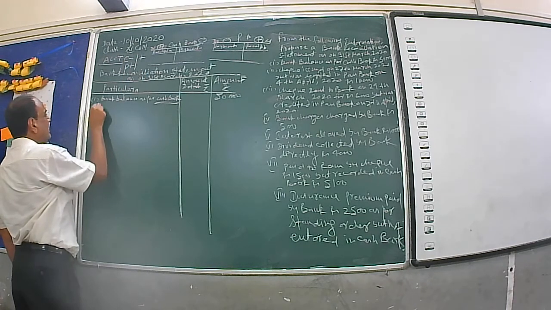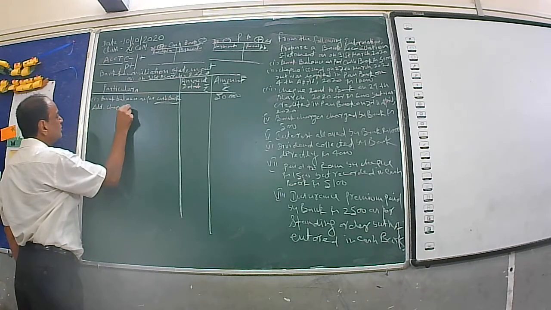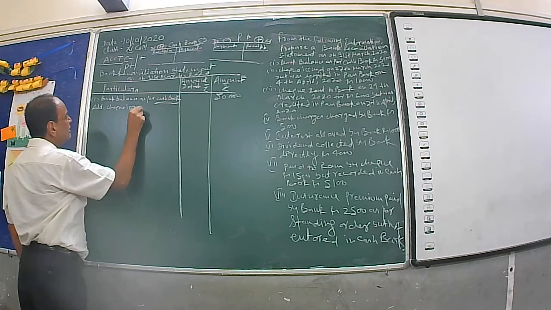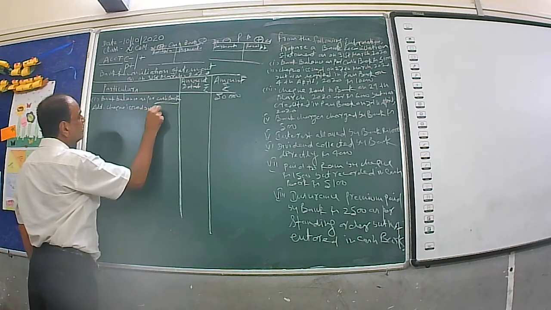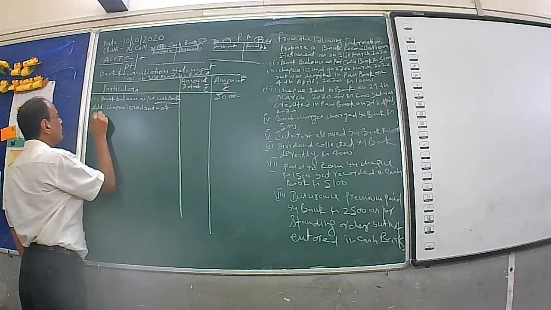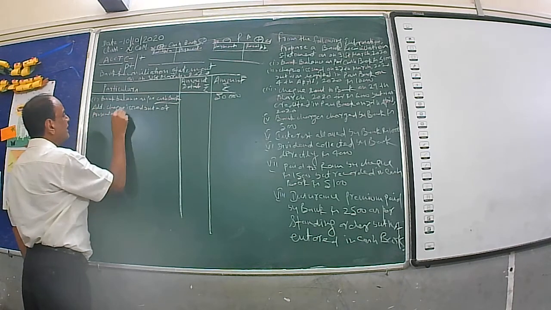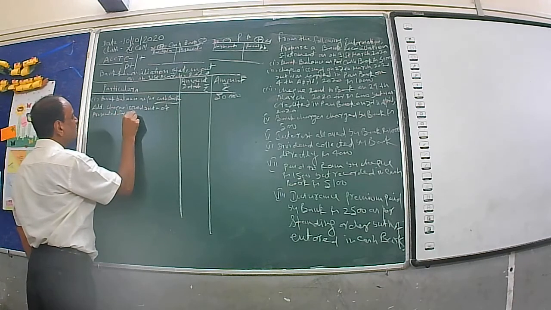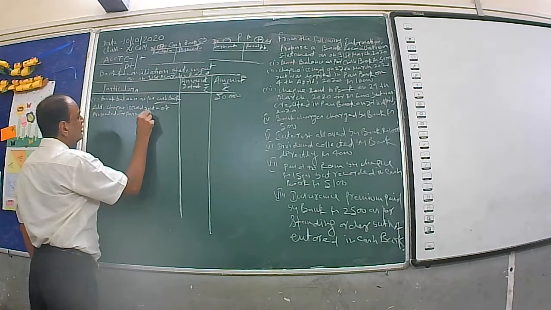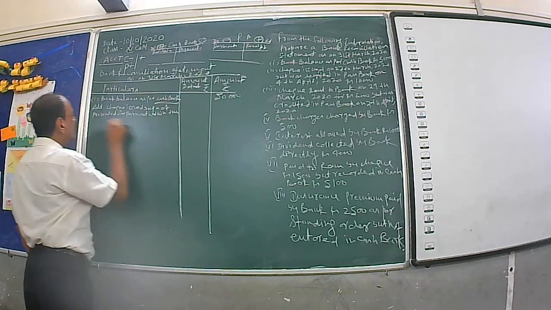So you will have to write here: add check issued but not presented for payment within the closing date.